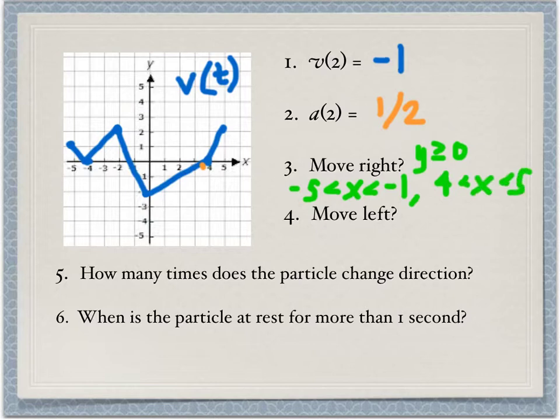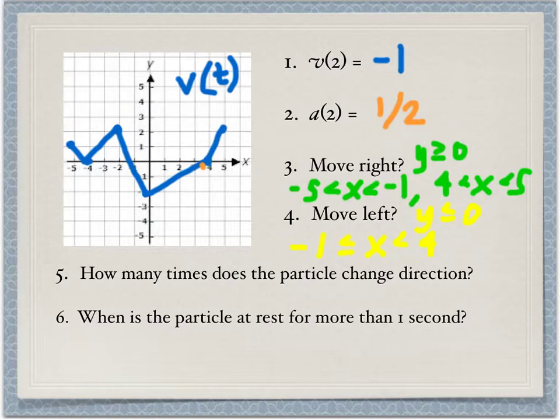So it has to be graphed above the x-axis in order for this particle to be moving right. And then in similar fashion, in order for it to move left, that's going to be when your y is less than or equal to 0. And so in this case, that happens when x is between negative 1 and 4.